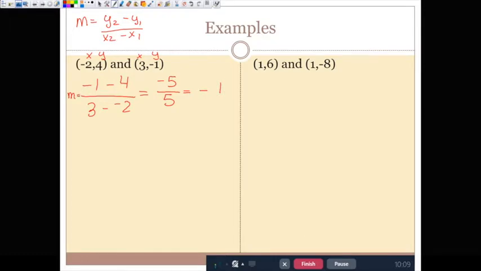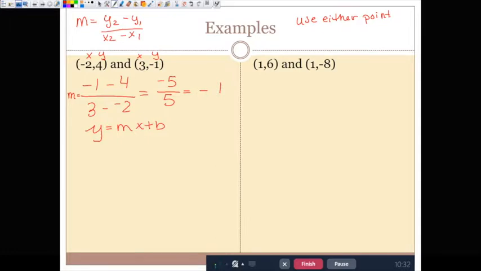So now that I have my m, I can take one of my points, y equals mx plus b, and substitute it in. You can use either point. It doesn't matter. If the point has a 0, I do highly suggest using that point. It makes it so much easier.